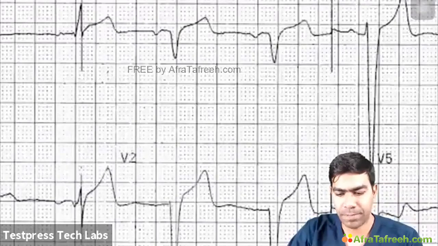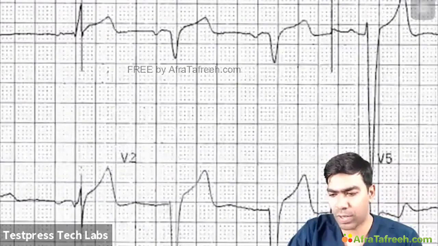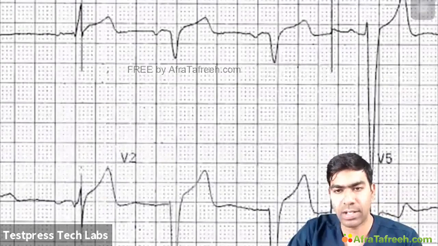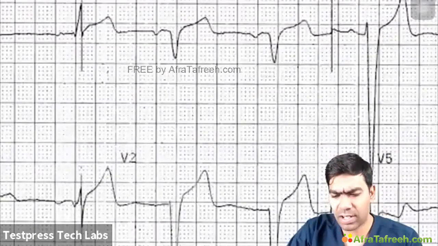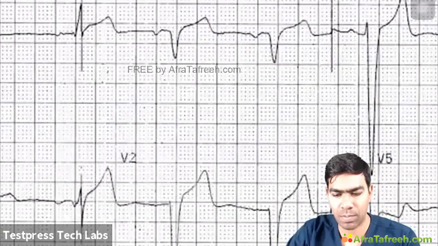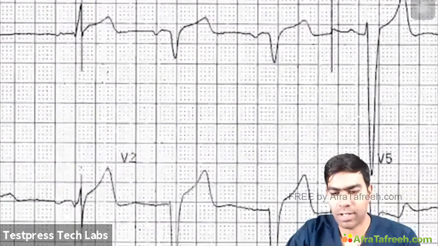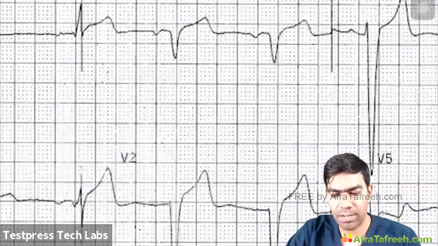All right, that's fine. There's a little bit of wide QRS, and you're seeing loss of discordance. Where is loss of discordance there in V1? I don't think so. This is a normal discordance only. You are seeing a negative QRS complex with a positive T wave in lead V1. So this is absolutely okay. So that's the left bundle branch block that you're seeing. That's the diagnosis I wanted.